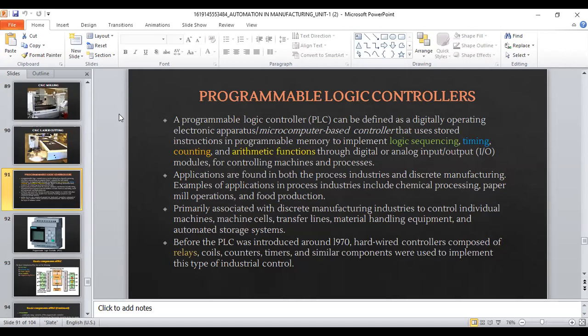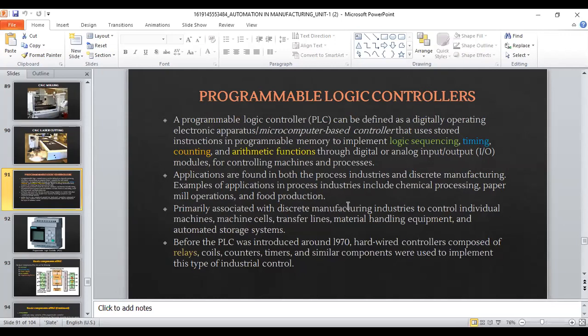Process industry is wherein you have majorly a process going on in the industry, like chemical processing. It could be any chemical, or for example, I gave cement as an example, the production of cement in cement plants, that also comes under chemical processing. So it could be any liquid, paper mill operations, food production.